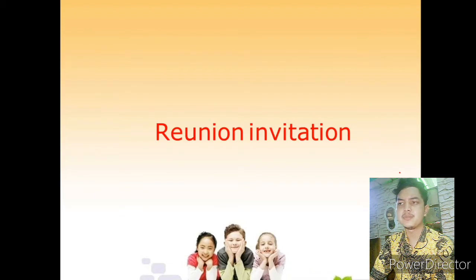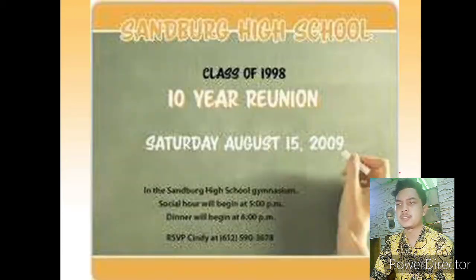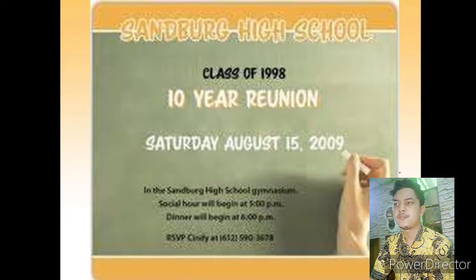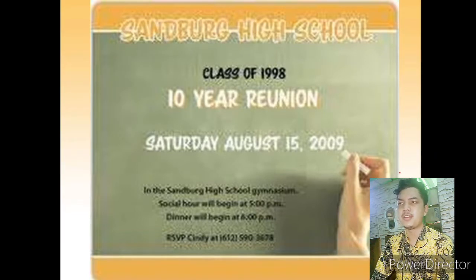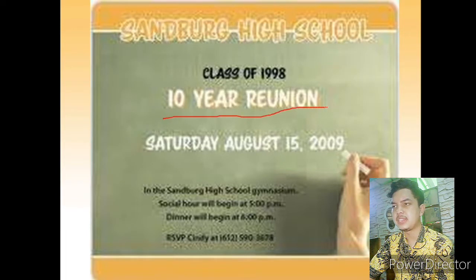And okay, let's move to the reunion invitation. Sunbrook High School, class of 1998, 10-year reunion, Saturday, August 15, 2009, in the Sunbrook High School. Okay, now from here we know that this is a reunion invitation. Okay, by this message, and here is the date.